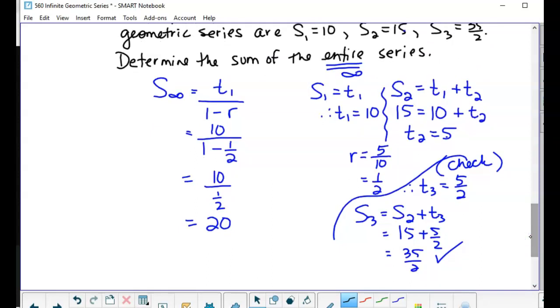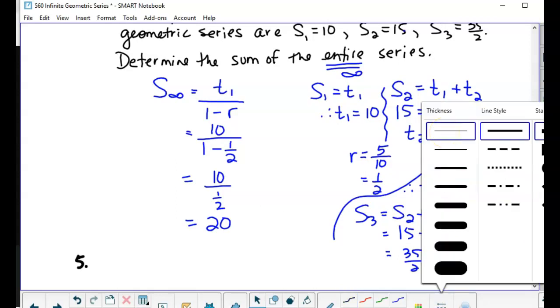And the last one, what was that, 4 or 5, is an application question.